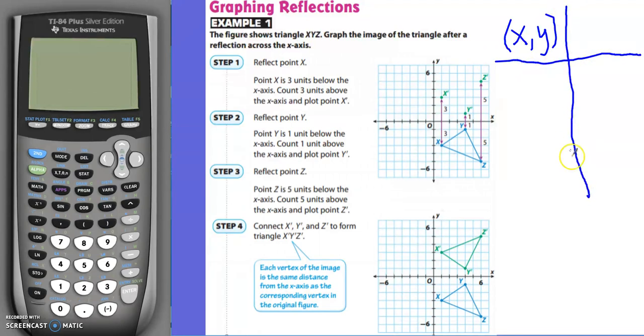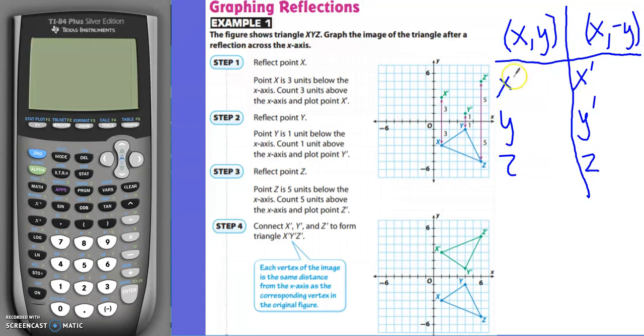Alright, so we have the plots X, Y, and Z, and we're going to reflect X prime, Y prime, and Z prime. The X is going to stay the same, but we are going to flip or take the opposite of Y.